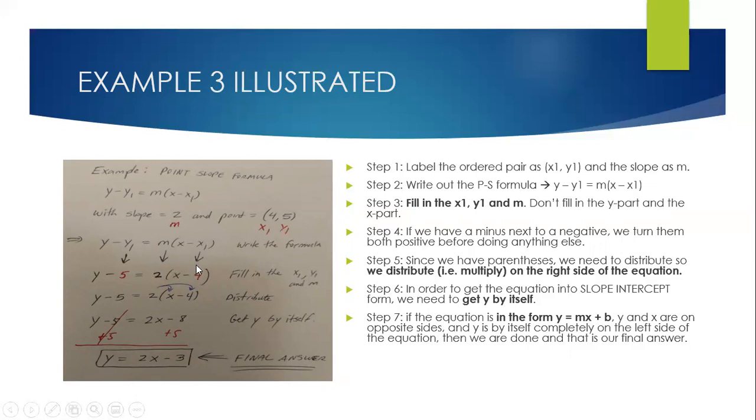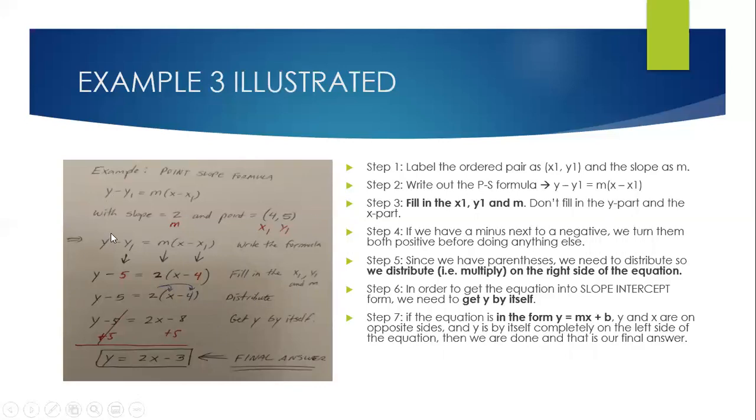All right, let me back up here real quick. I want you to notice that on one of the previous slides, there were parentheses around y minus y1. Don't do that. Don't put parentheses around y minus y1. Put parentheses around x minus x1. I apologize for the confusion.